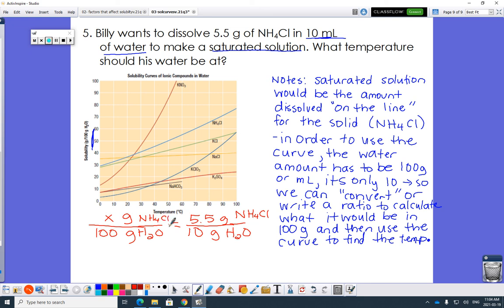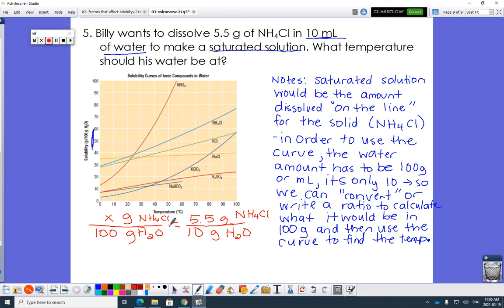They do need to match: NH4Cl, NH4Cl. Water, water. Okay? So it's not useless to write it in there, but if you like things to be simpler, then you can leave it out of your ratio for now.